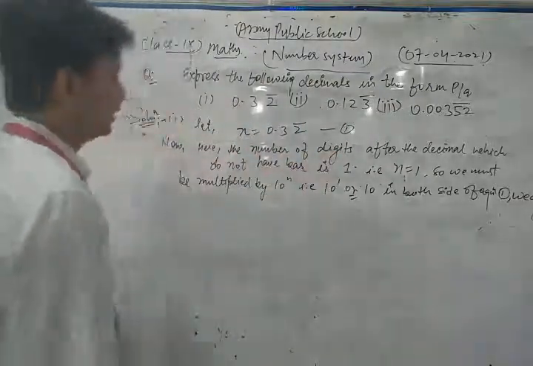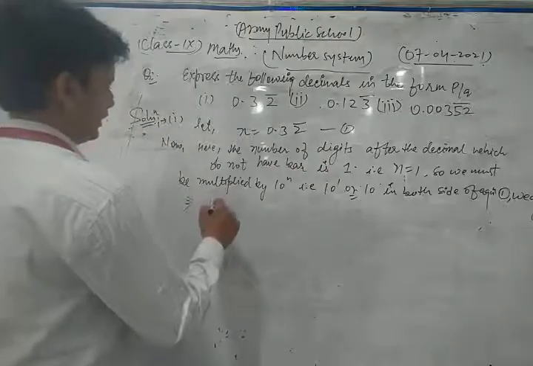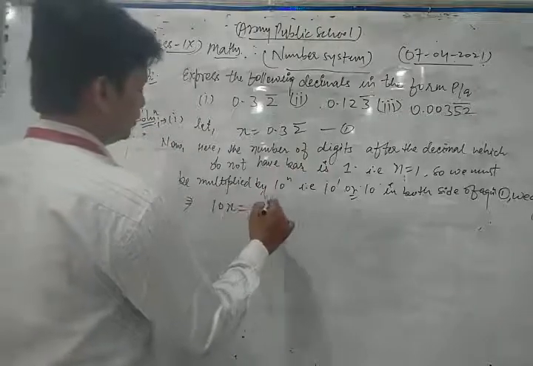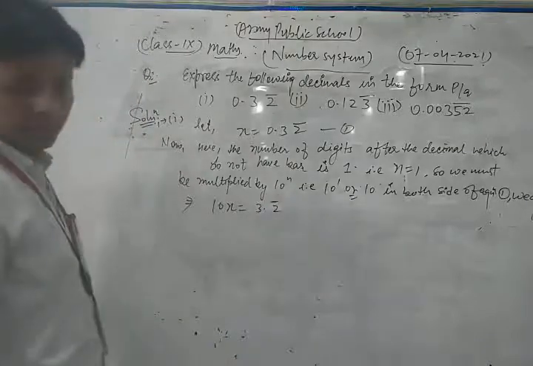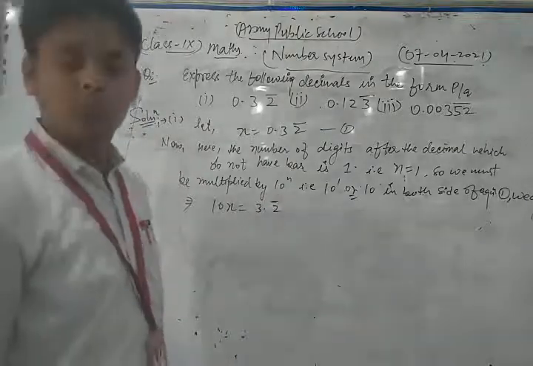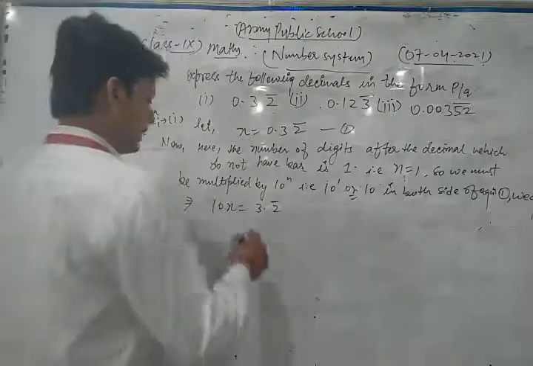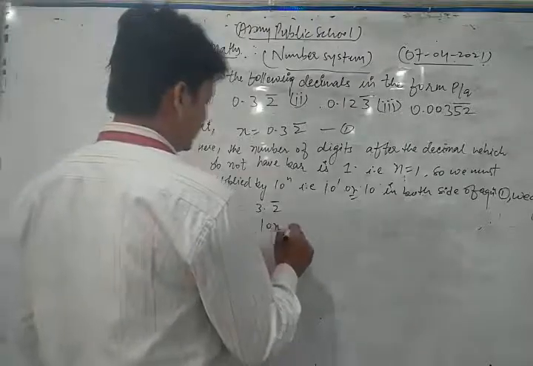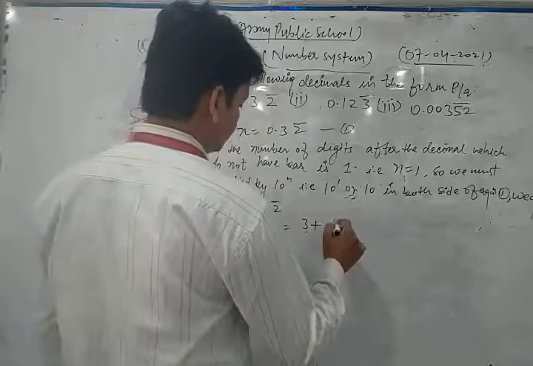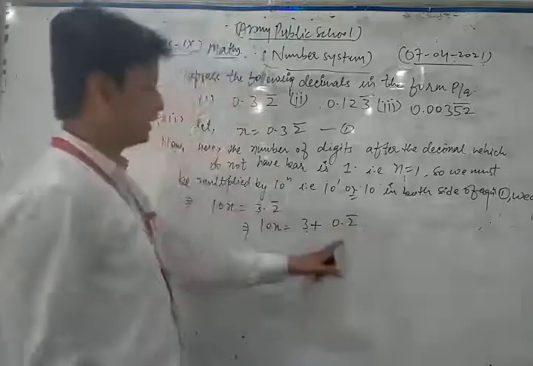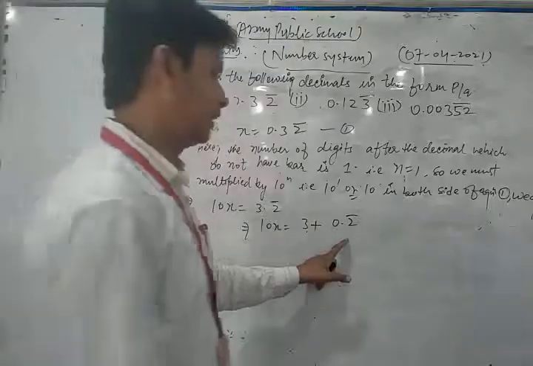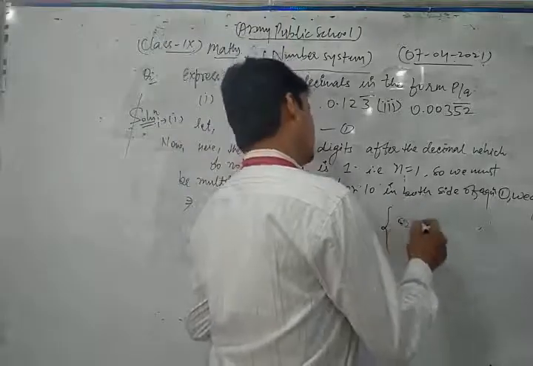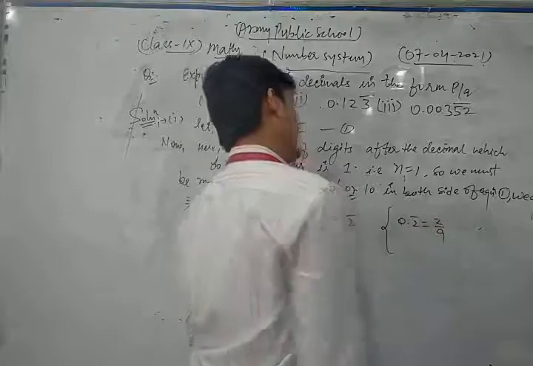So we get 10x is equal to 3.2 bar. We also write that in the form 10x is equal to 3 plus 0.2 bar. In the previous topic we discussed that type of question, and you know that the value of 0.2 bar is 2 upon 9.